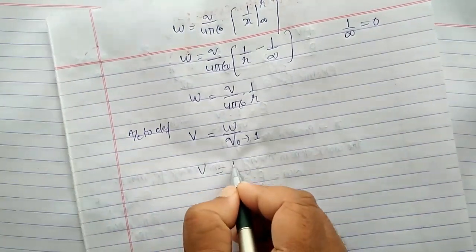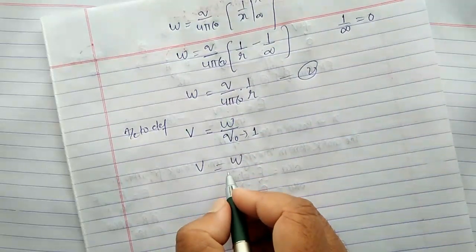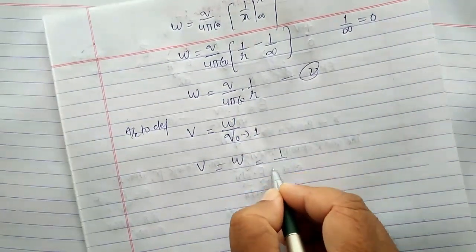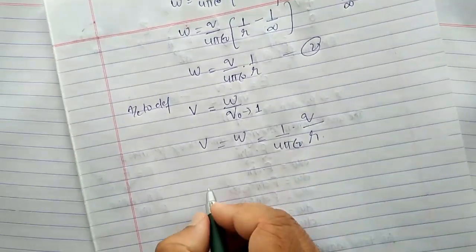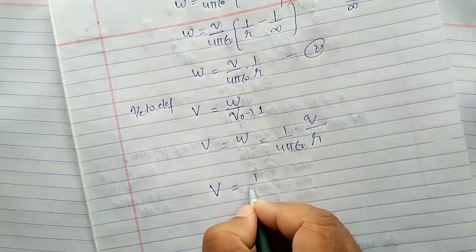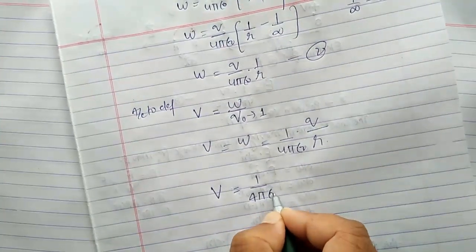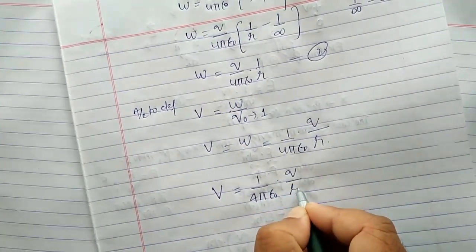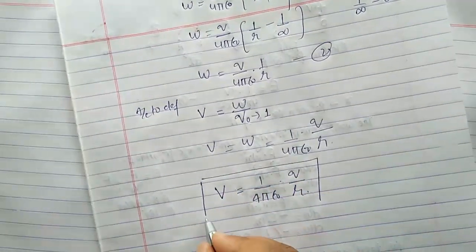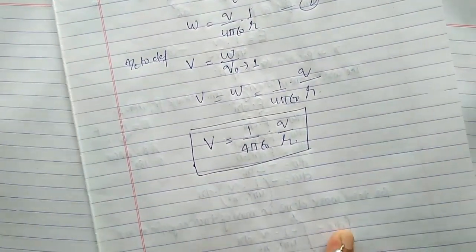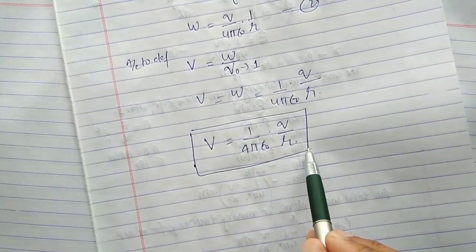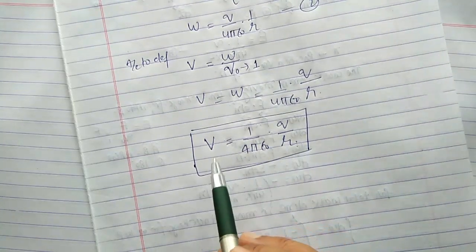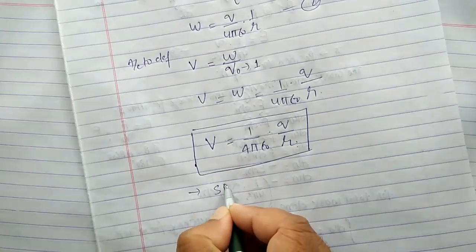So V is equal to W, and W is equal to 1 upon 4 pi epsilon naught Q by R. So V is equal to 1 upon 4 pi epsilon naught Q by R, which is the required expression. This equation indicates that the potential at a point depends only on R. Therefore, the potential is spherically symmetric.